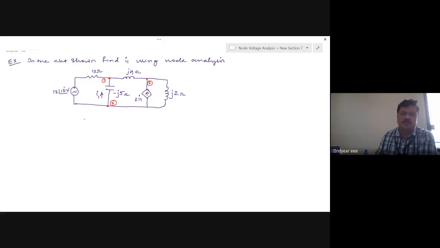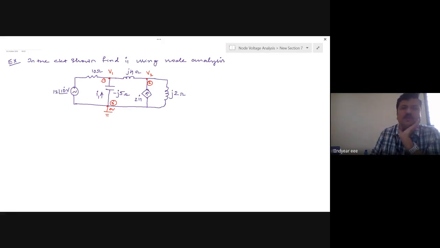So again, it is convenient to connect node 3 to ground, taking it as reference, because there are 4 branches connected to it. 0 volts. So let this be V1, let this be V2. Now it is a very simple example. We have to simply apply KCL at node 1, KCL at node 2, finish the work.